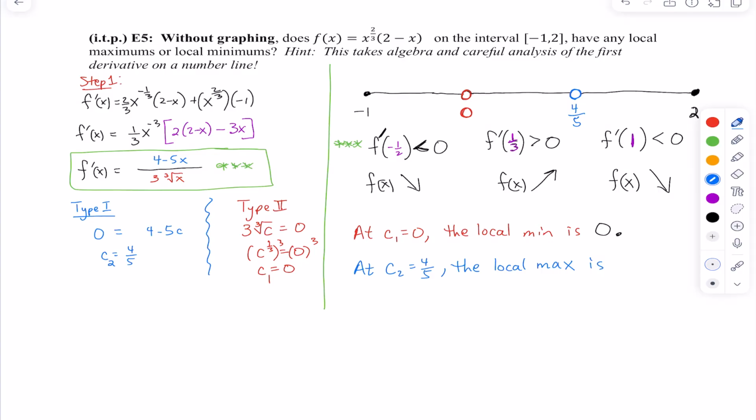And so whatever f of 4/5 is, you can do this off to the side if you need to. You could use some scratch work. f of 4/5, no problem. It's just 4/5 raised to the 2/3 power. And then, let's see here. 10/5 minus what? 4/5. So that's 6/5, right?